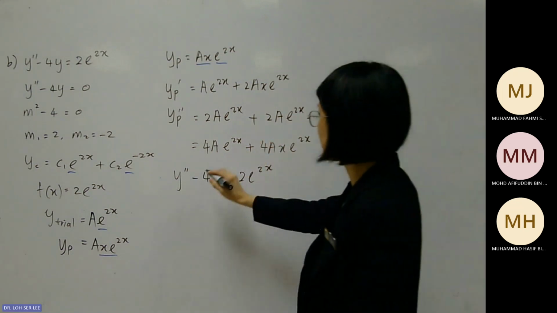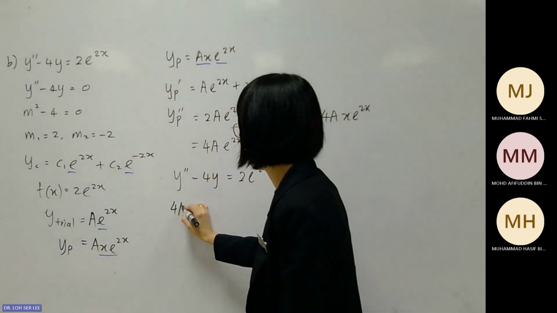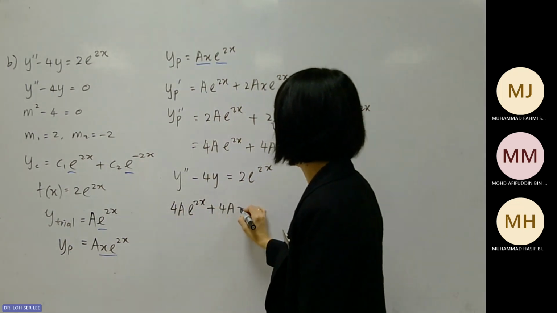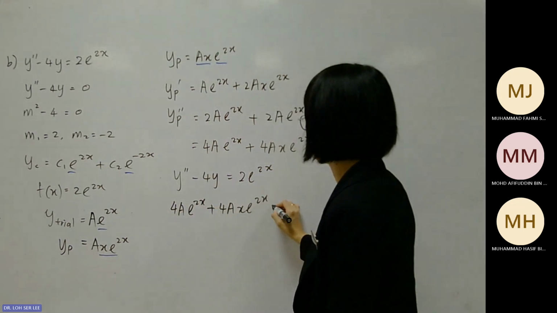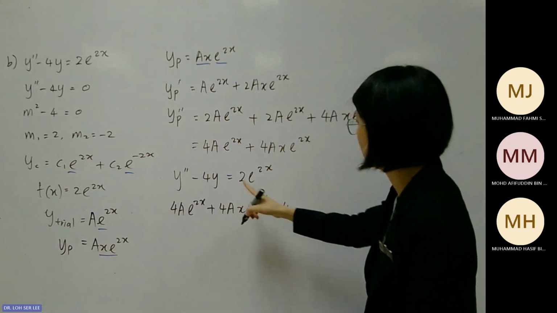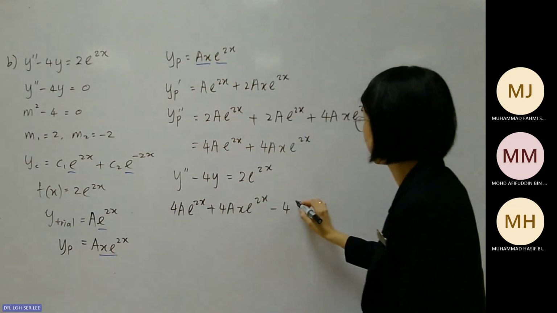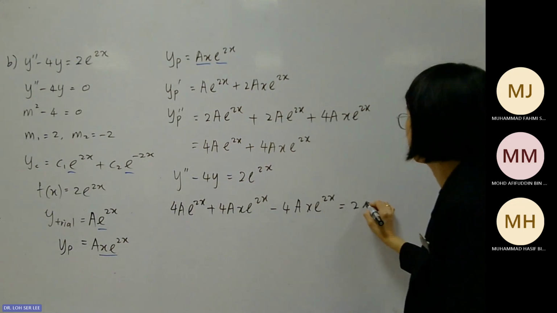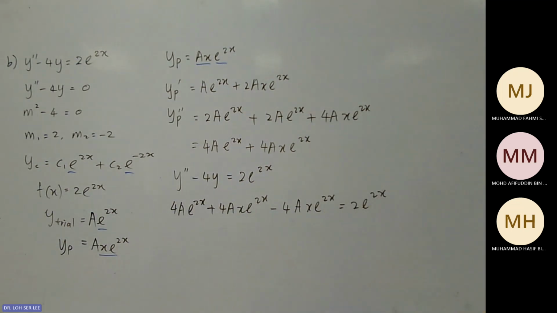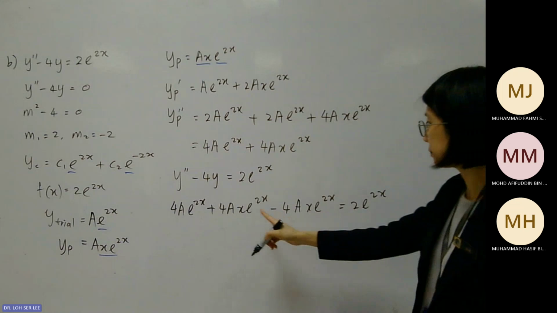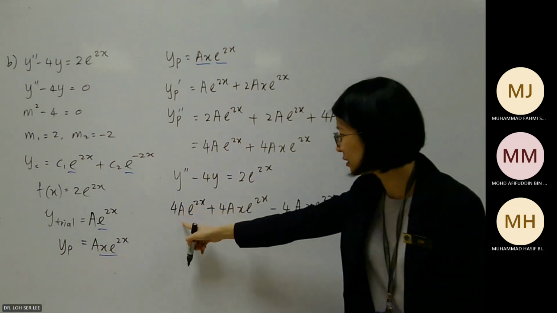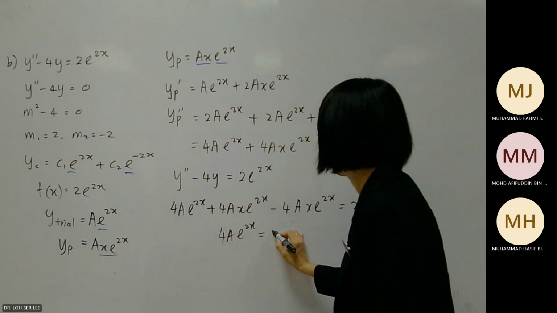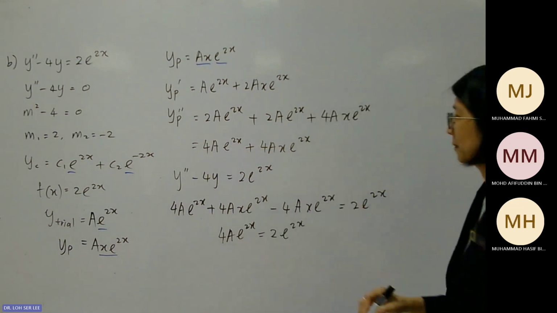The y double prime is 4a e^2x plus 4a x e^2x minus 4 times a x e^2x equals 2 e^2x. So we can cancel out these terms, and we have only 4a e^2x equals 2 e^2x.